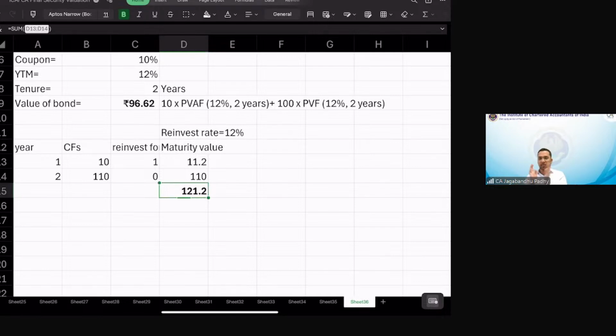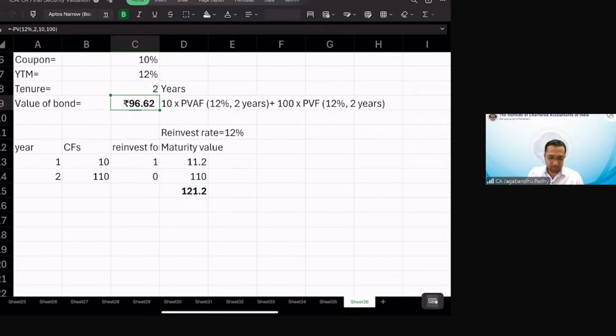So it's quite clear that after 2 years, if I need 121.2 rupees, how much investment will I make today? Can I say 96.62? Right? So when you're assuming that the reinvestment rate is going to remain the same 12%, you're going to invest 96.62, and you will get a maturity value of 121.2.